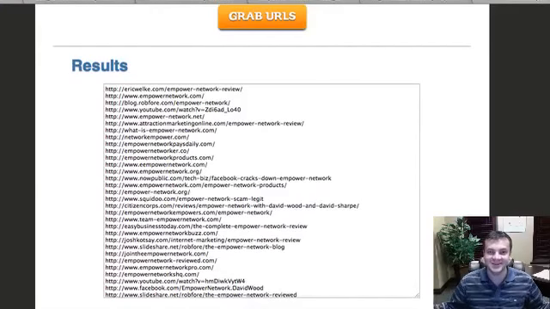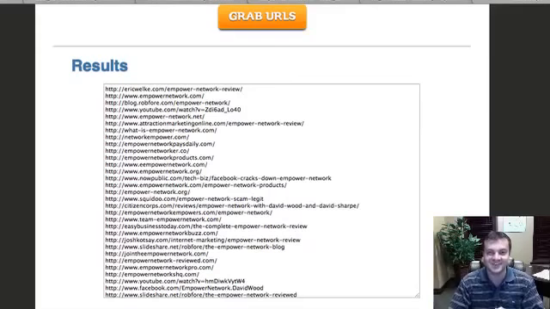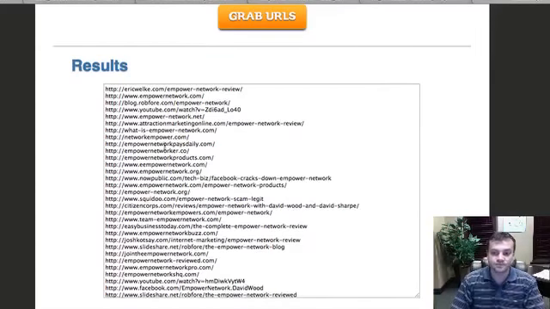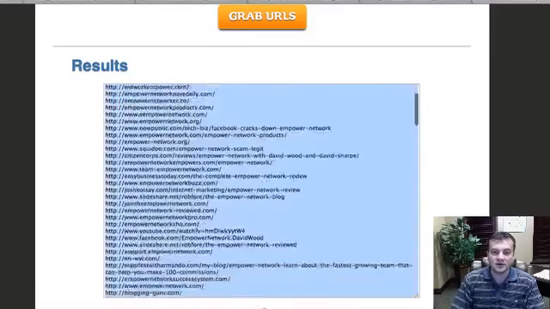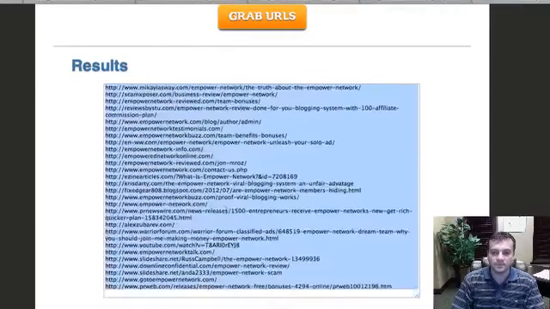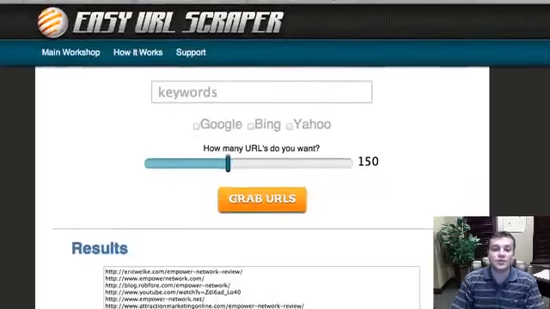Okay, obviously, there's over 27,000 people searching for that Empower Network keyword. Okay, and again, we're being specifically laser targeted, precise, by putting that keyword in brackets, right? And so here it pulled all these URLs for me from 3 different search engines, and these are unique URLs.